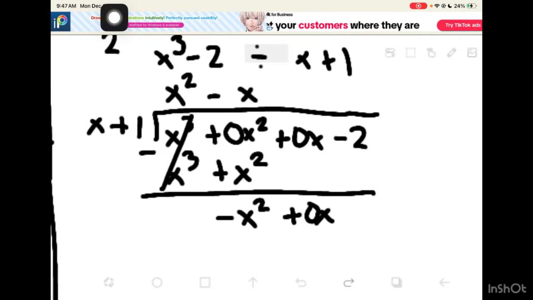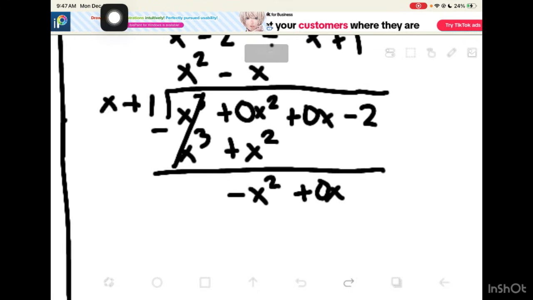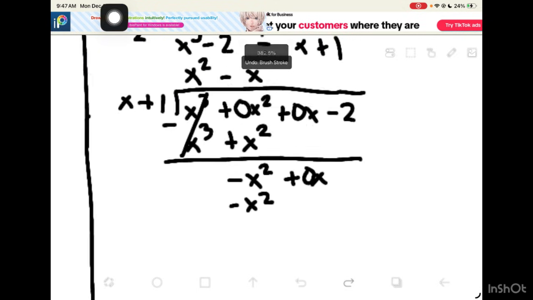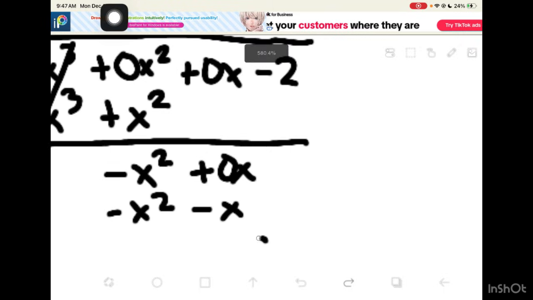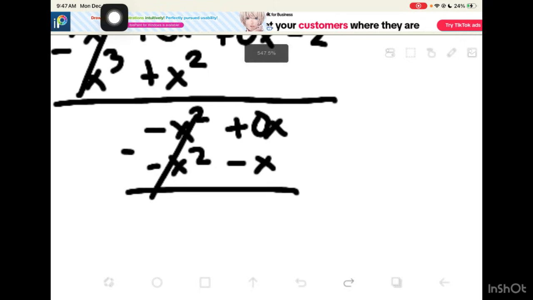Negative x squared divided by x is negative x. Negative x times x is negative x squared. And then we have negative x times 1, negative x. So this will cancel each other. And then we have negative 1x, or just negative x.